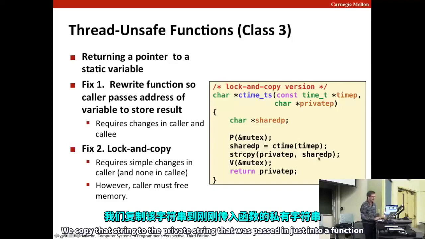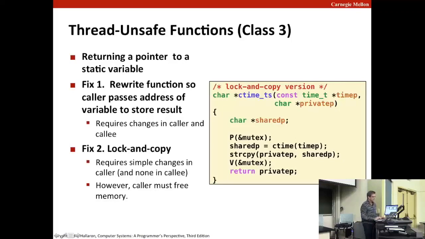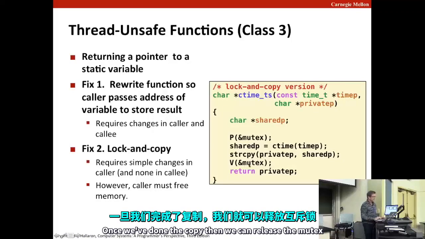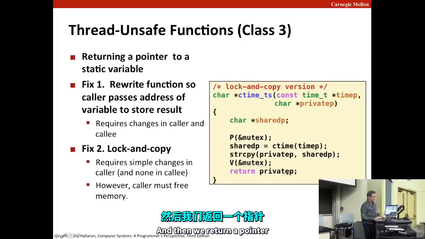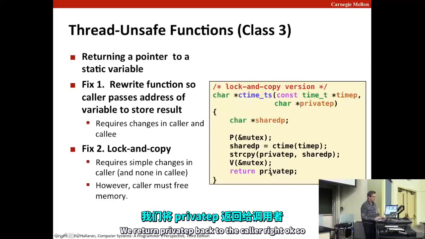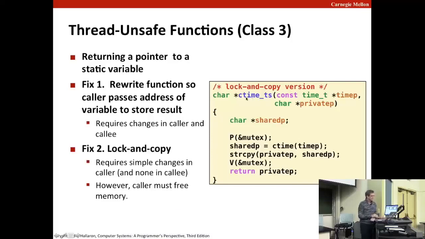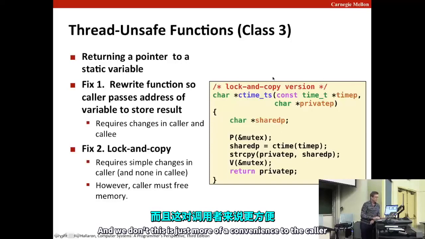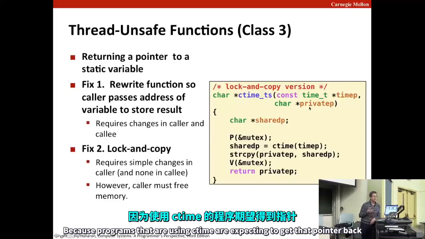We copy that string to the private string that was passed into our function. Once we've done the copy, then we can release the mutex, and then we return a pointer. We return private P back to the caller. Right? Okay, and this is just more of a convenience to the caller, because programs that are using ctime are expecting to get that pointer back.